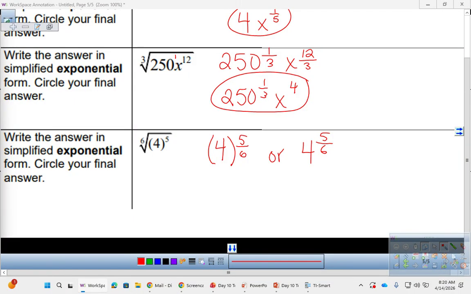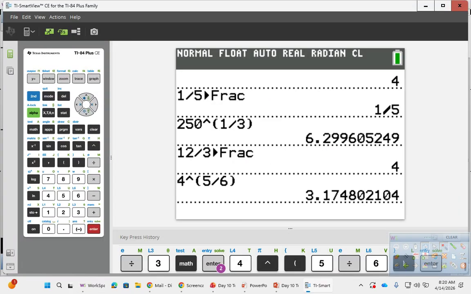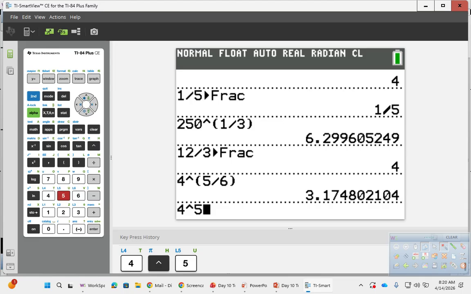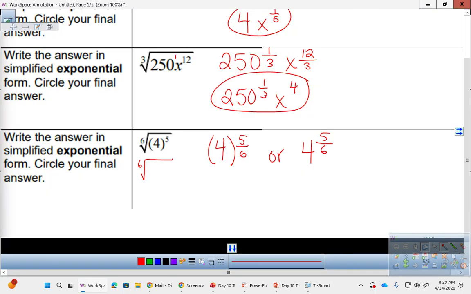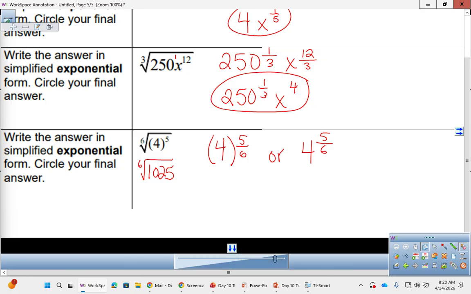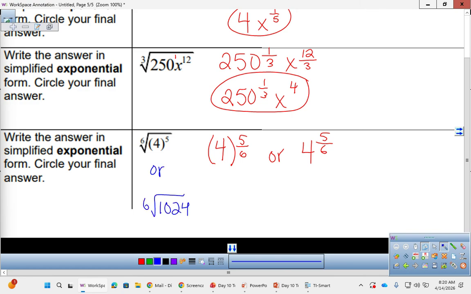Another way you could do this is, maybe if you don't want to deal with that part, you could also do this. 4 to the 5th, 1,024. Sorry, 1,024. And you can change that to exponential form.